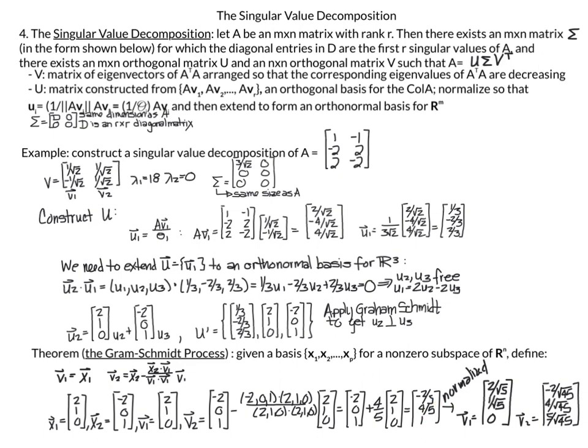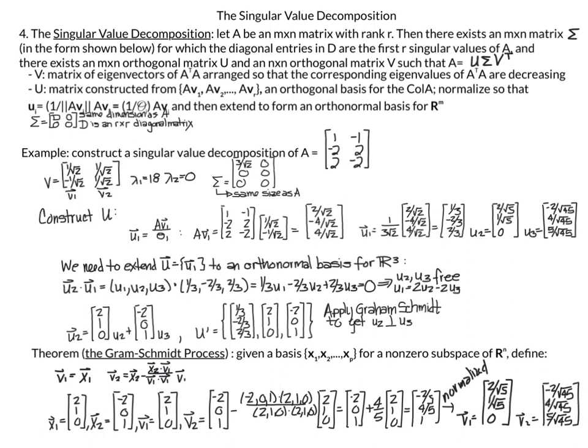Now we need to normalize v1 and v2. So v1 normalized is (2 over square root of 5, 1 over square root of 5, 0). v2 normalized is (-2 over square root of 45, 4 over square root of 45, and 5 over square root of 45). Okay, I just moved these vectors over here as u2 and u3.